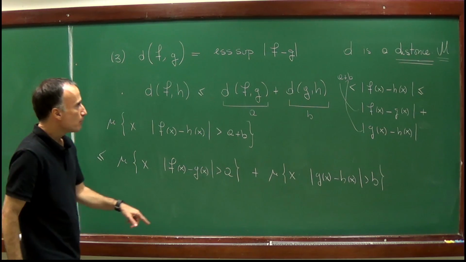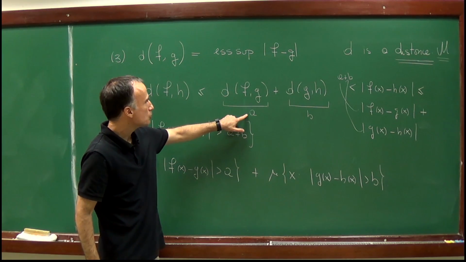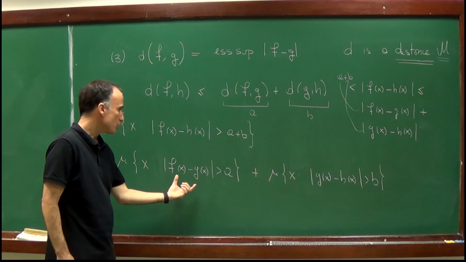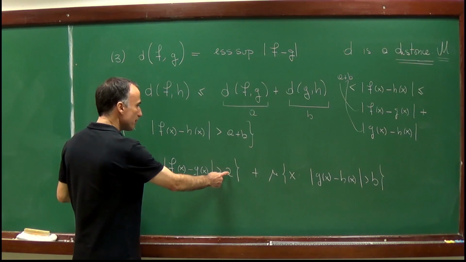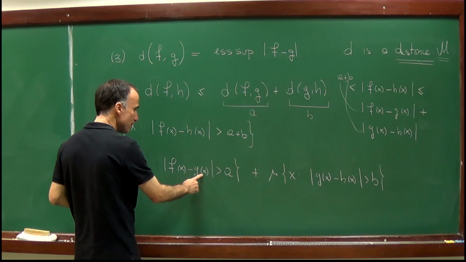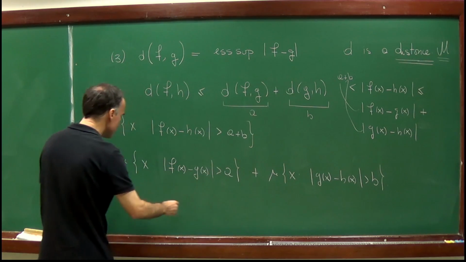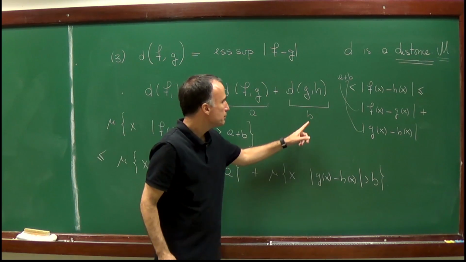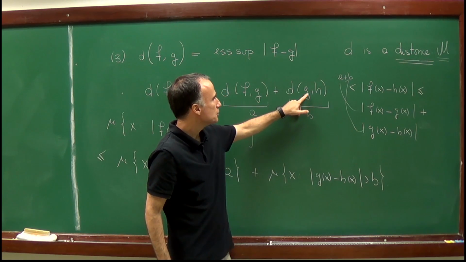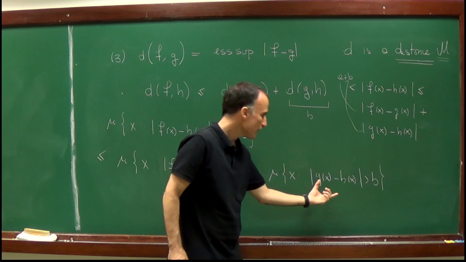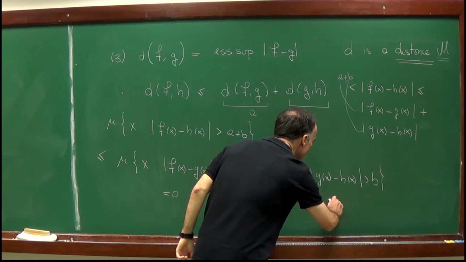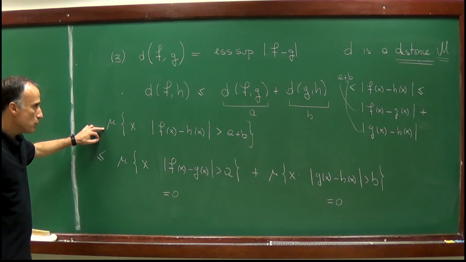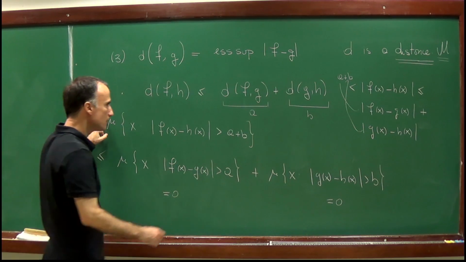Well, but now remember, a is the essential supremum of f minus g. And the first property showed that if a is the essential supremum of f minus g, then the measure of this set is equal to 0. In the same way, b is the essential supremum of g minus h, and we proved, therefore, that the measure of this set is equal to 0. So, the measure of this set is equal to 0.